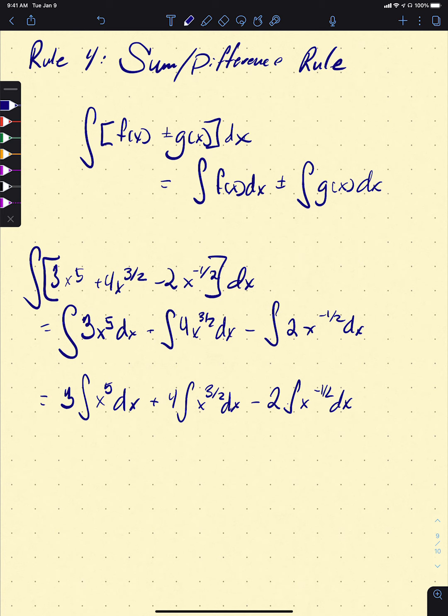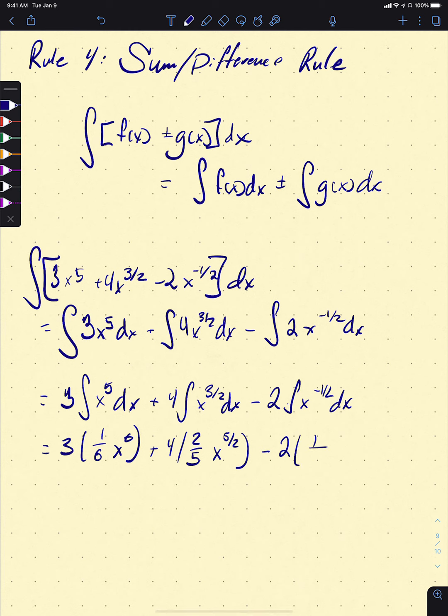And then each of these I can sort of evaluate on their own, right? 3 times, looks like it's going to be 1 over 6 x to the sixth plus 4 times, we saw this one already, 2 over 5 x to the 5 halves minus 2 times what? Well, we're going to have 1 over minus 1 half plus 1, so 1 over 1 half, x to the 1 half, and then a single plus c.